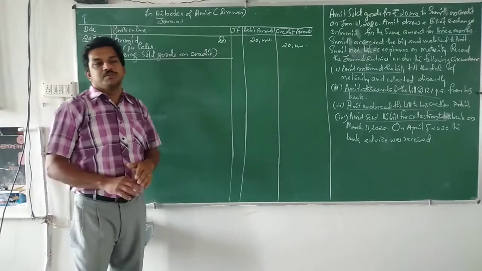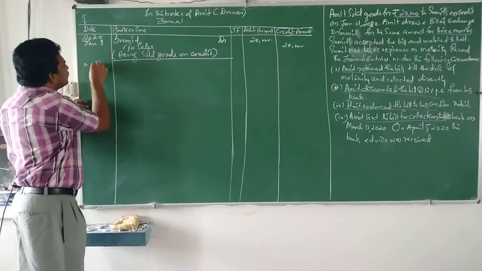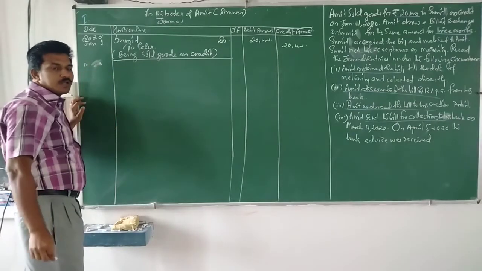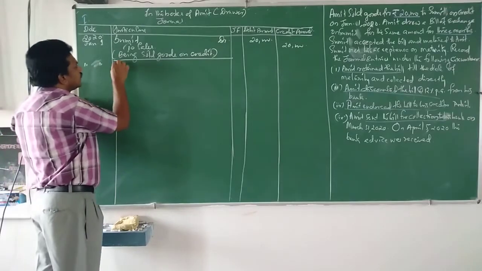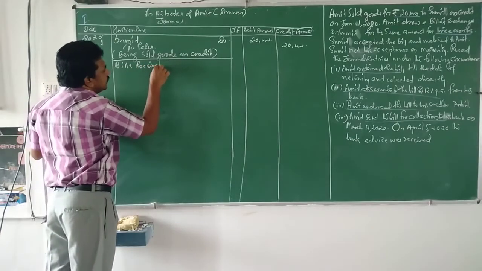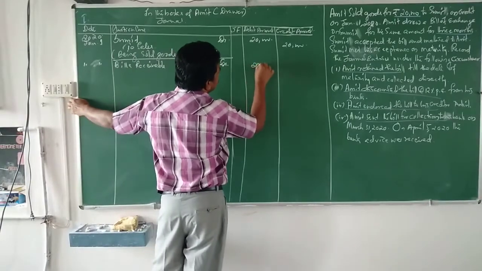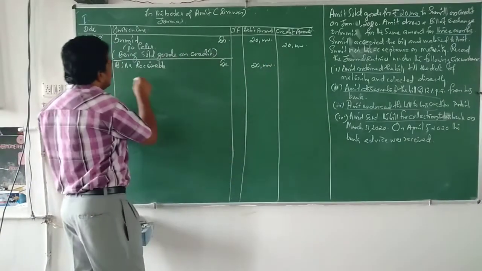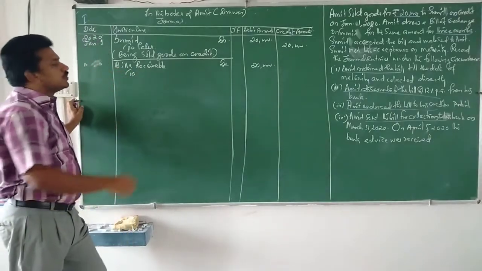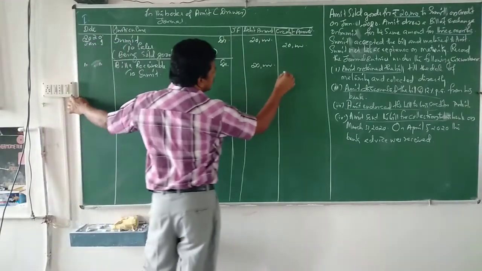Then on the same date, he has accepted the bill. So we will write the journal entry: bills receivable debtor for the same amount 20,000. To whom? Who has accepted? Sumit has accepted. To Sumit 20,000.